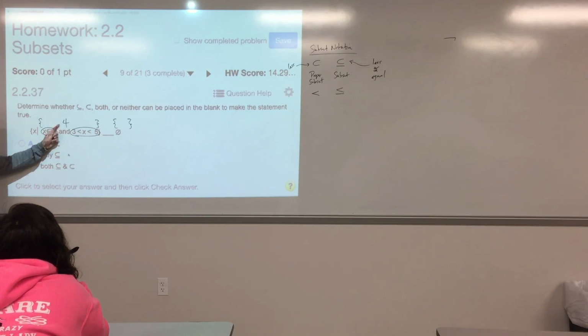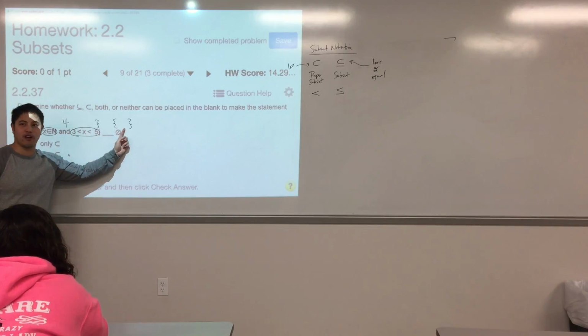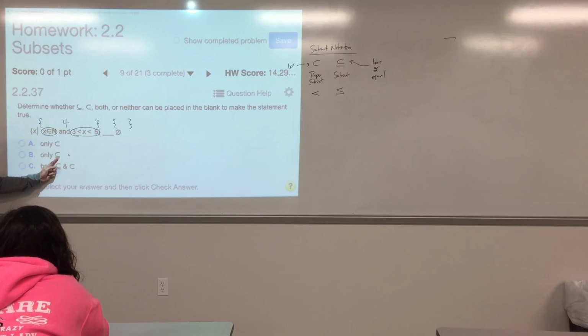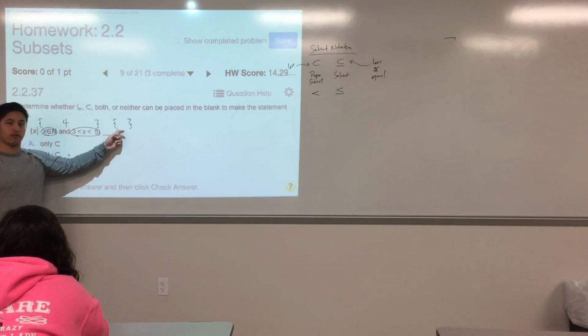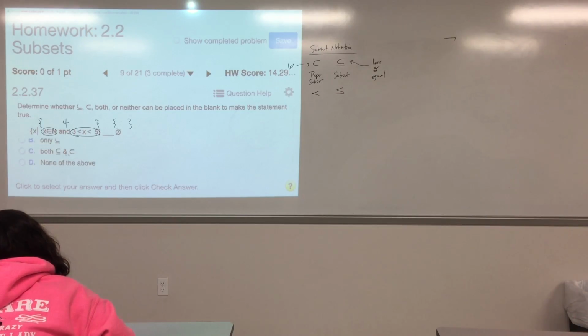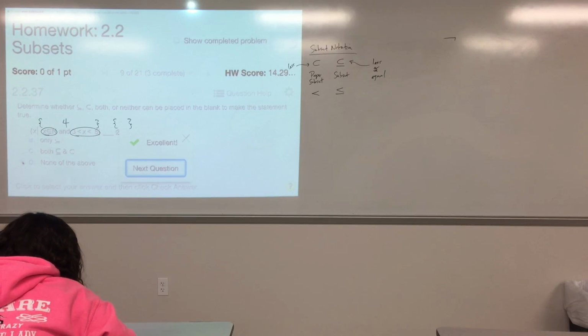But the set consisting of 4 is not a proper subset. You have to see at least a 4 here, right? It's not a subset because you'd have to have, again, at least a 4 here. So therefore, if it's neither of these, it can't be both. What do we choose? None. Does that make sense, guys? All right, any questions about that at all?